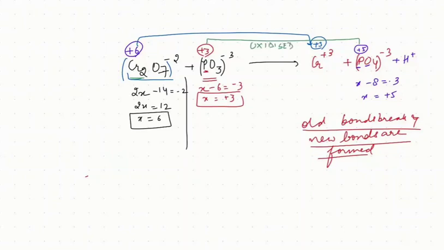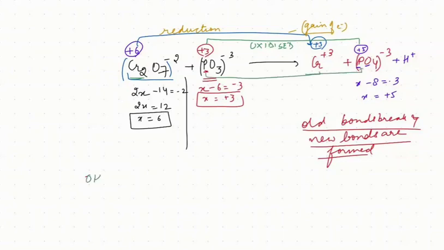You understand? And +6 to +3 would be reduction. The charge is getting decreased. When does the charge get reduced? Because of the gain of electrons. And where does the charge increase? Because of the loss of electrons.